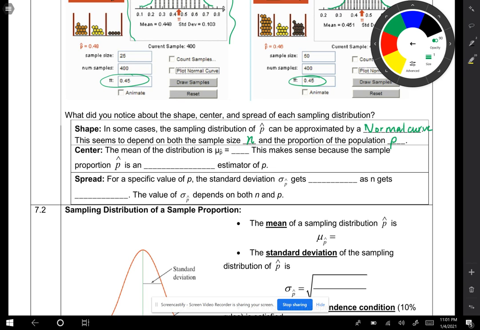The mean of the distribution, so that's the proper notation on the left. So make sure you know your notation. So this is the mean of the sampling distribution is equal to the population proportion. This makes sense because the sample proportion p hat is an unbiased estimator of p.